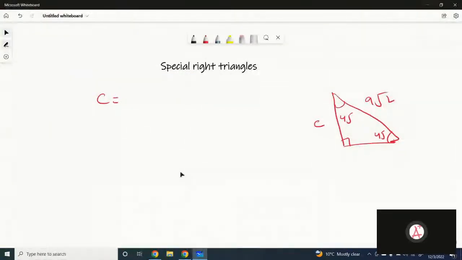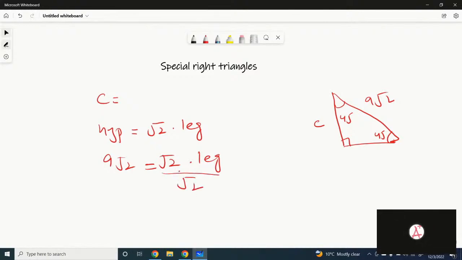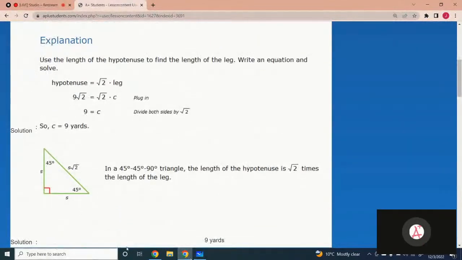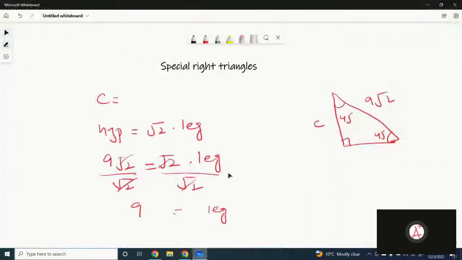We know that the hypotenuse always equals square root 2 times the leg. So it is 9 square root 2, and here you have square root 2 times the leg. So divide both sides by the square root 2. So square root 2 and square root 2 got cancelled. That means the leg equals 9. That means the value we need to find is equal to 9 yards.